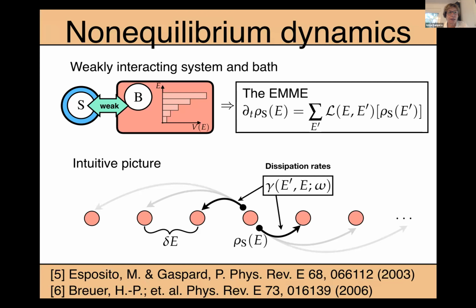We have a system and bath which are weakly coupled, so we are not interested in strong coupling. Then we derive a master equation. This master equation for the system is conditional, and depends not only on the energy, but also on the dissipation rates, on the transition rates between the jumps that I can do between the system and the bath.